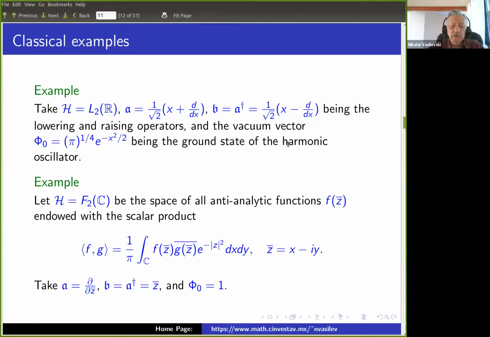The very well known lowering and raising operators in quantum theory, and the vacuum vector is nothing but the ground state of the harmonic oscillator.